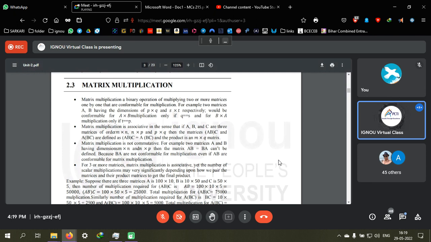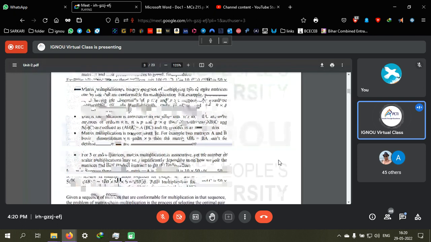If the first matrix number of columns is equal to the second matrix number of rows, then we can say both matrices we can multiply. So here is P into Q and S into T. If Q is equal to S, we can multiply the matrices and we will get P into T as a matrix.